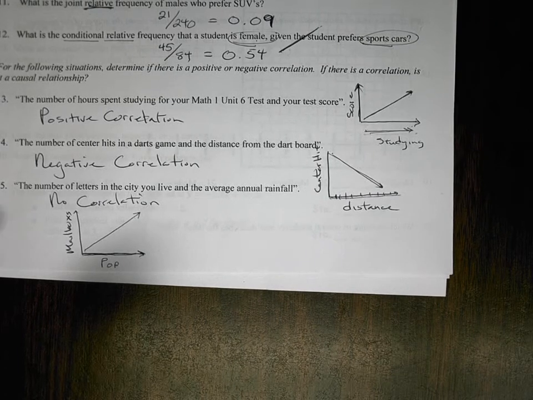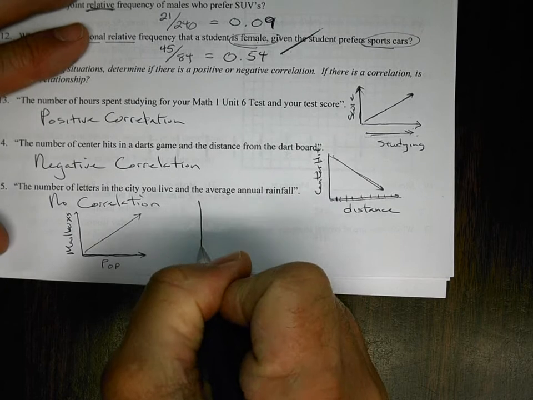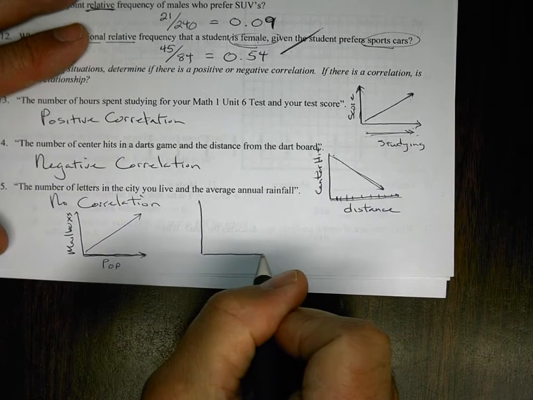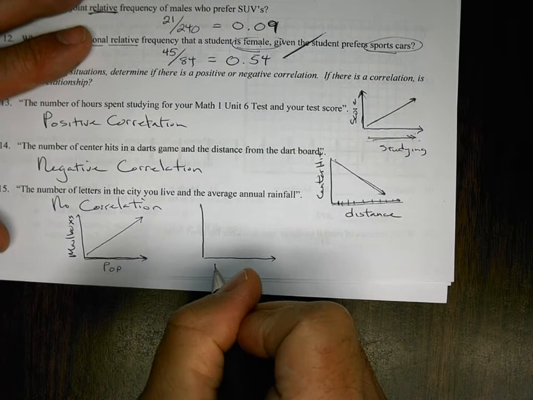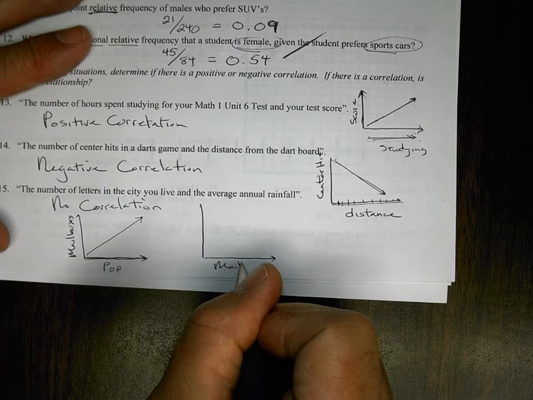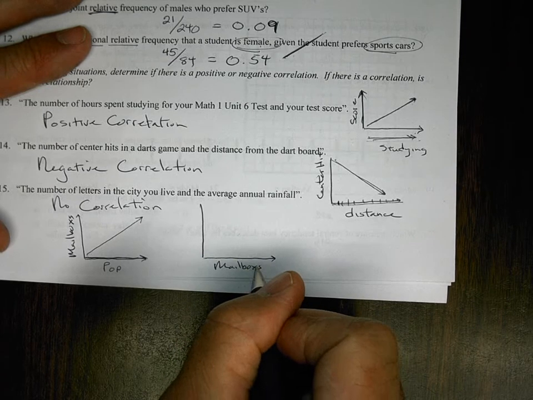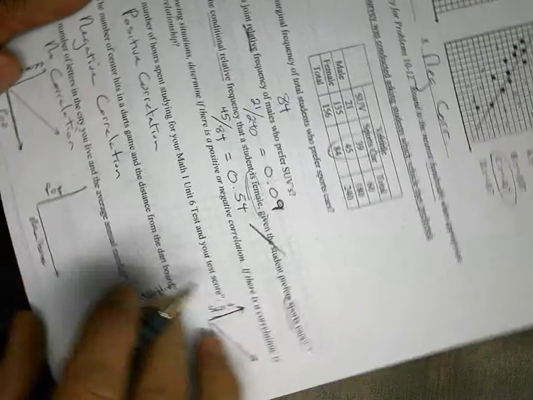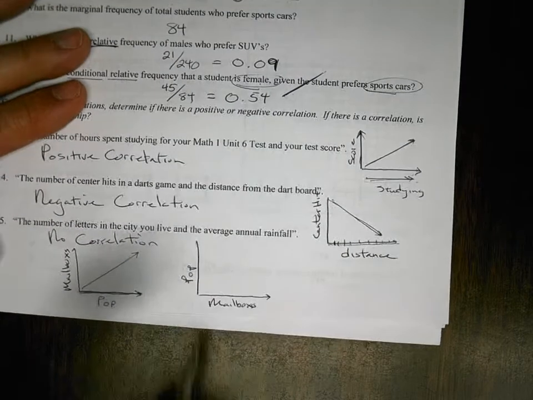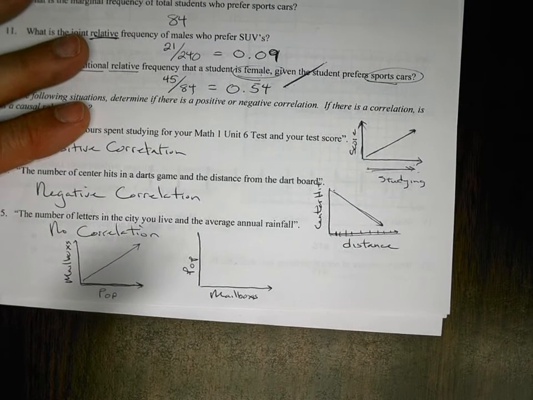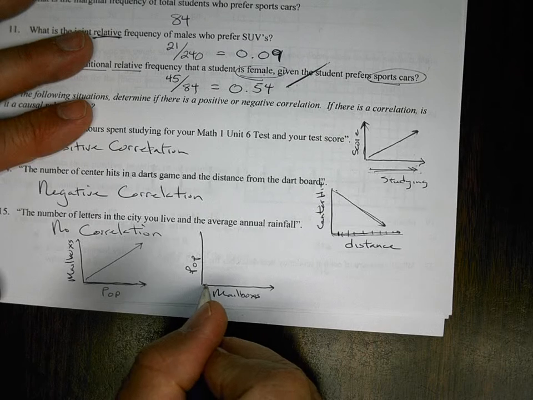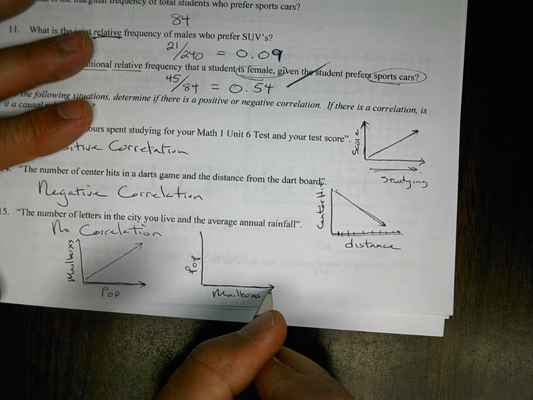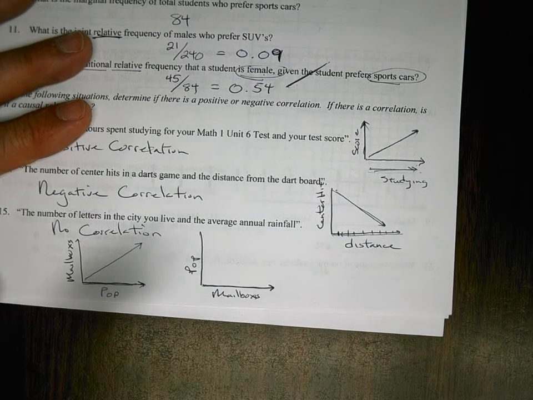Okay, now let's reverse this. Now, let's say the independent variable is mailboxes. Oops, there should be an E there. And now the y-axis, or the dependent variable, is population. So, as the number of mailboxes increases in the town, does the population go up?